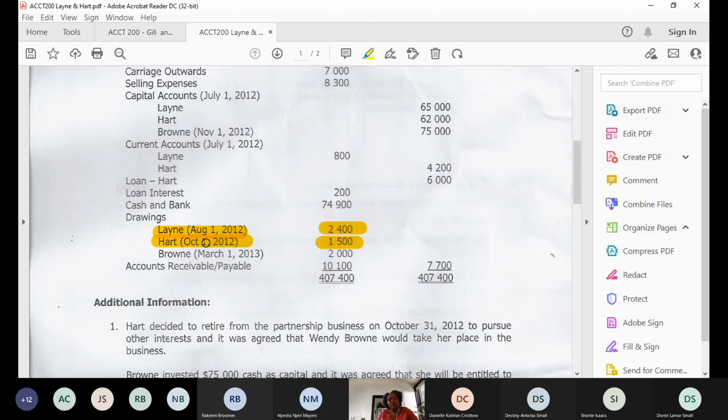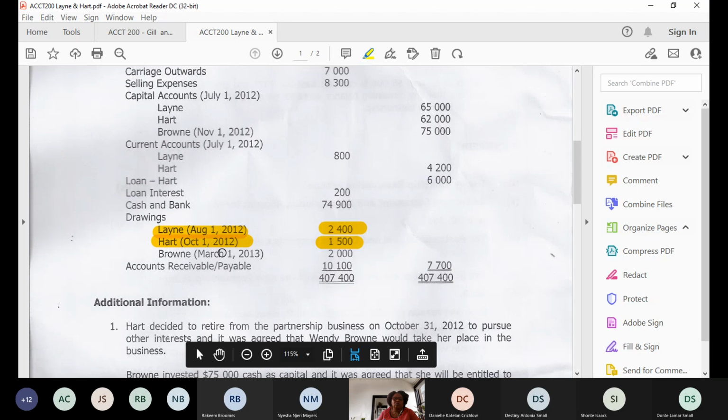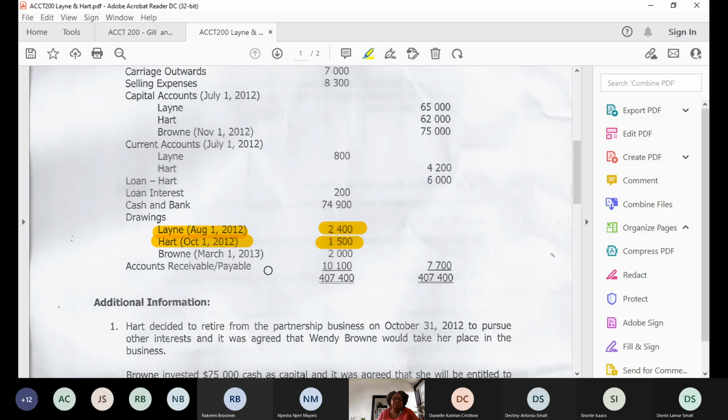So her interest on drawings must be calculated from August 1st to October 31st. And then Hart, on the other hand, only took drawings in October. The old agreement ended in October, so her interest on drawings is just based on that month that she would have taken the drawings.